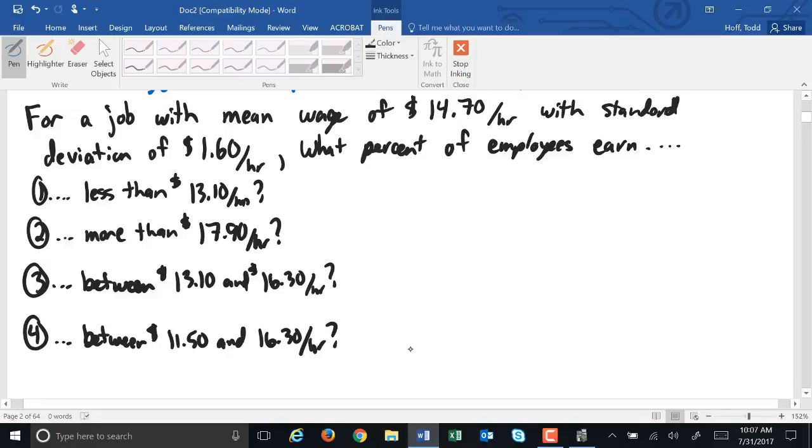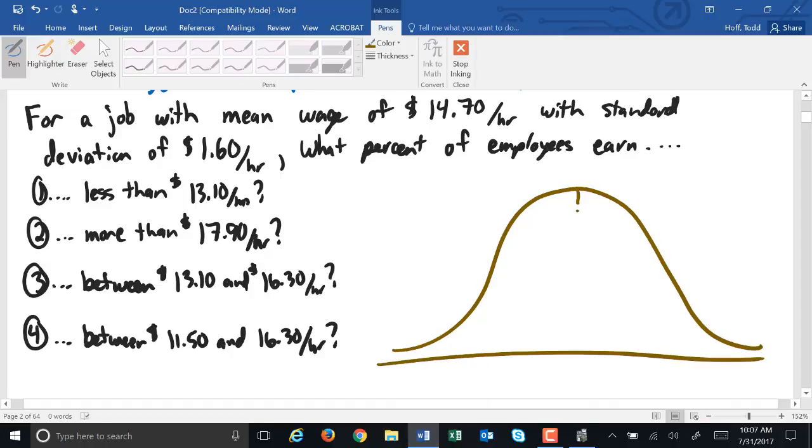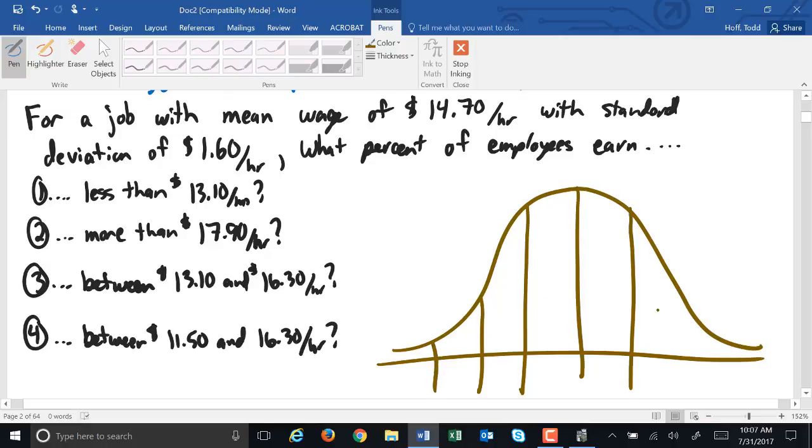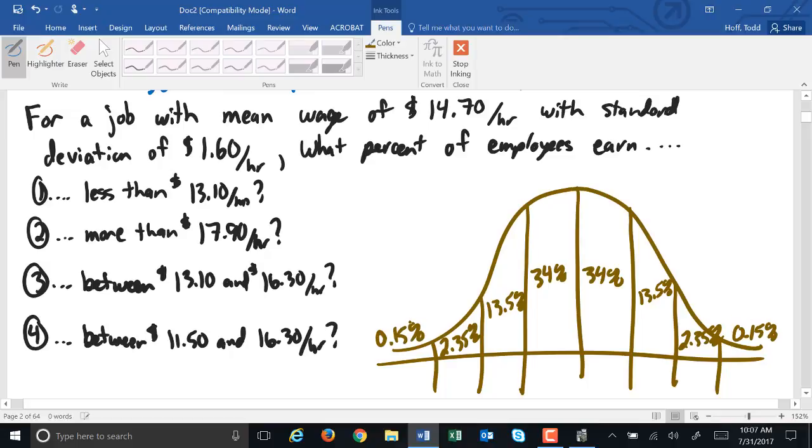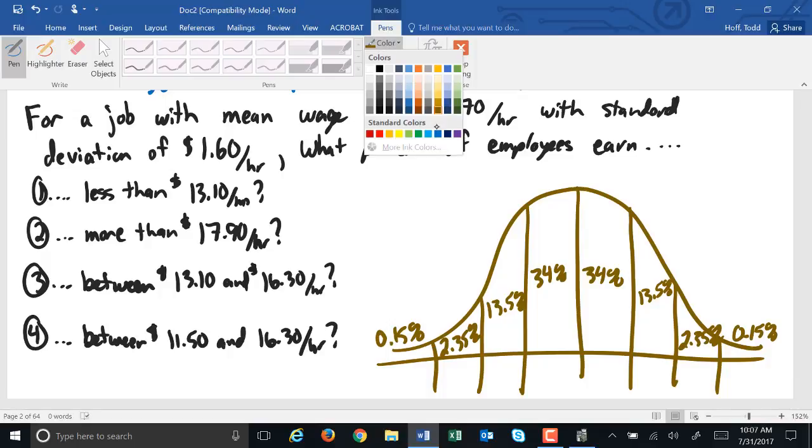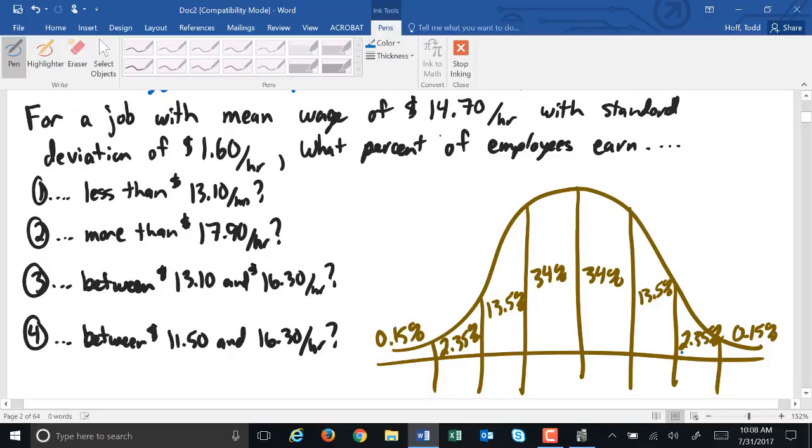I'm going to give you a minute to, let's draw our curve here. Put in our percents. What numbers go along the bottom down here?